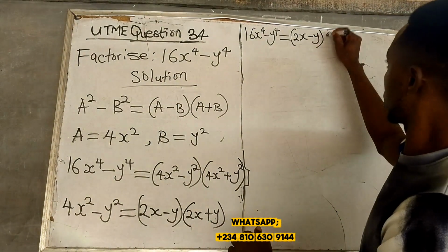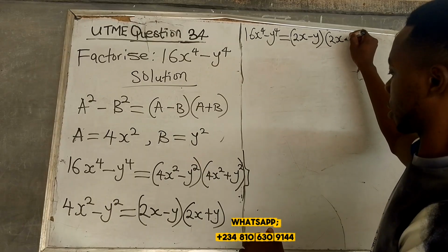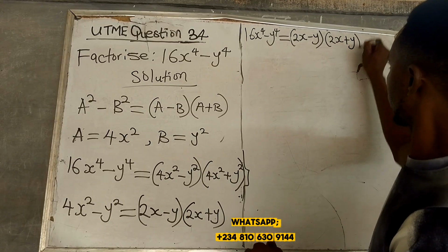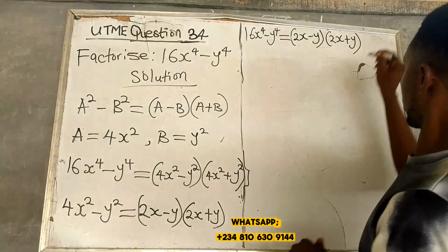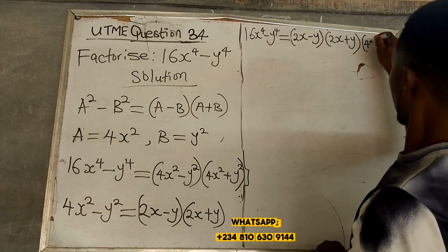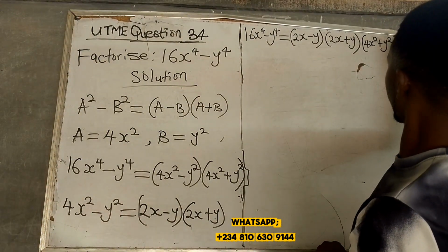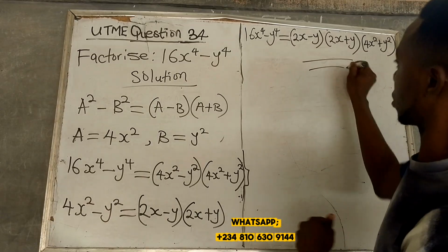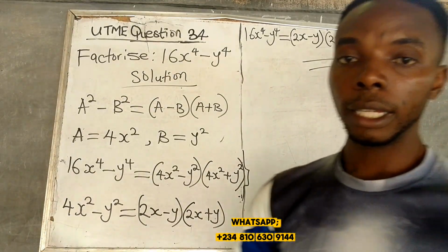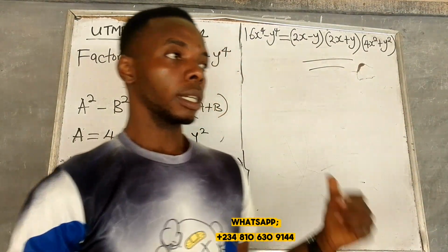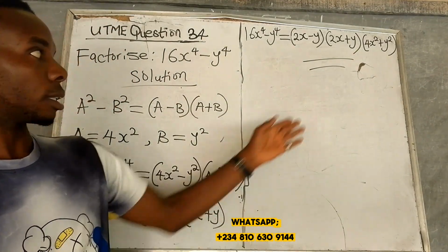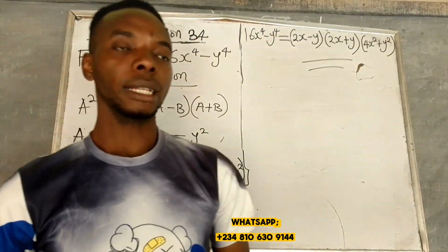The next one will be 2x plus y, then multiply by 4x squared plus y squared. This is the answer.